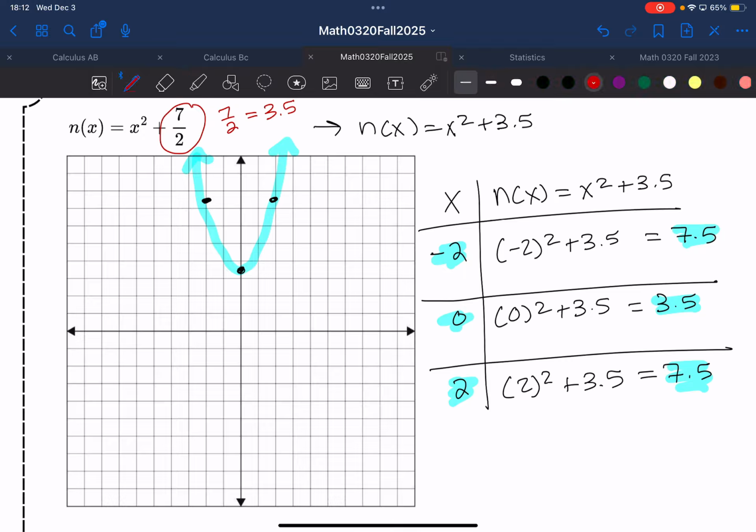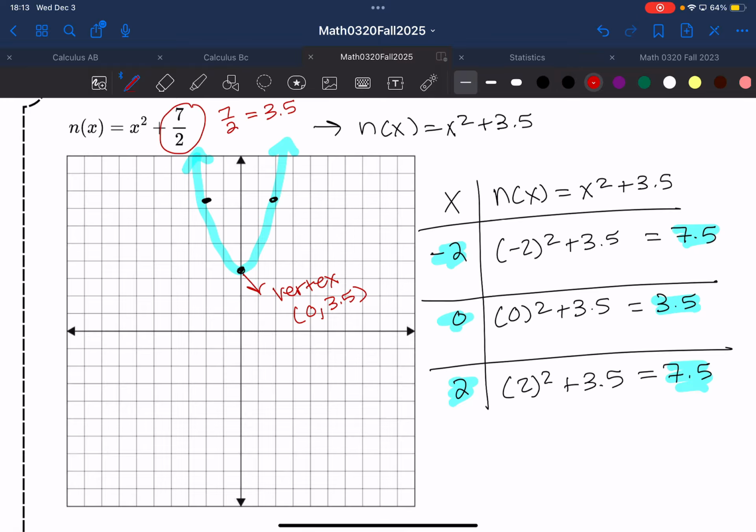Well, remember, it's always a point. So this is vertex at what point? 0, comma, 3.5. Okay, that's why we're choosing 0, because for these basic ones that are only moving up and down from the parent function, I know the parent function is at the origin. So I know it's going to either move up or down from the origin.